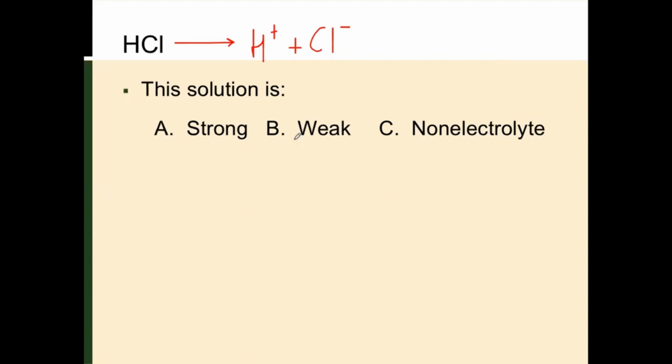I go into it a bit more than what we do here in the synchronous sessions. Generally, HCl will completely dissociate. It is a strong acid. We haven't quite covered acids and bases yet. We briefly cover them in module 5, but there are topics in Gen Chem 2 about this. So it's going to be a strong electrolyte.